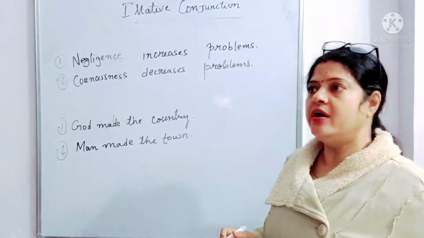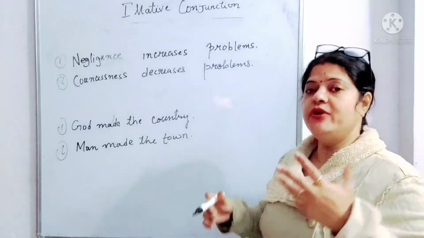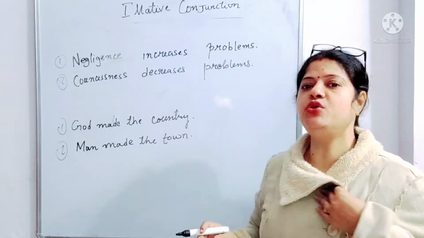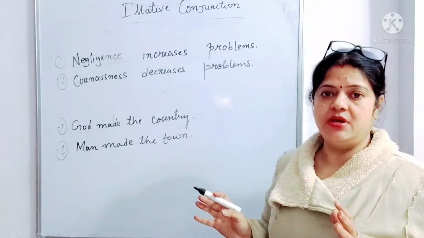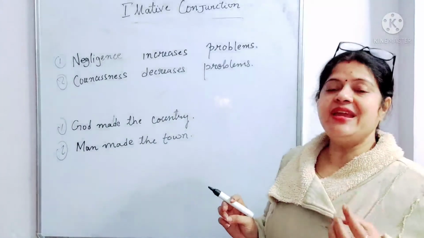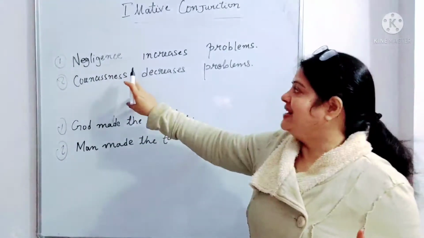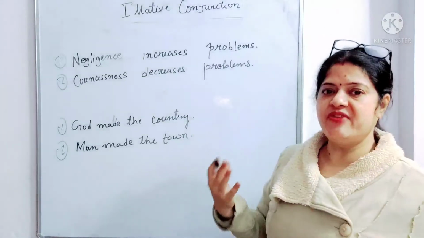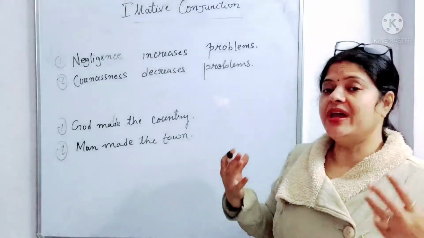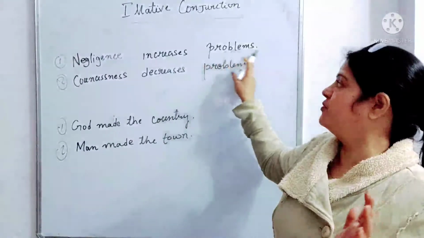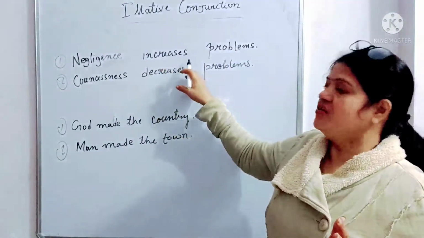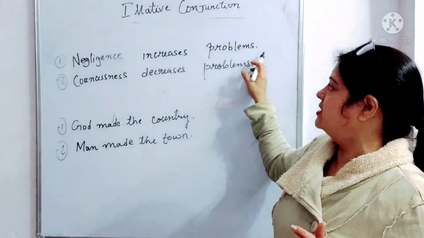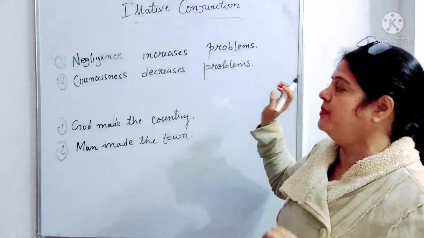It means if you are negligent about something, not taking care of something, very careless about something, you have to face problems. Here we have subject, verb, and then we have object, that is problem.